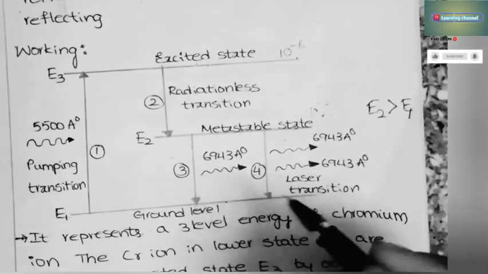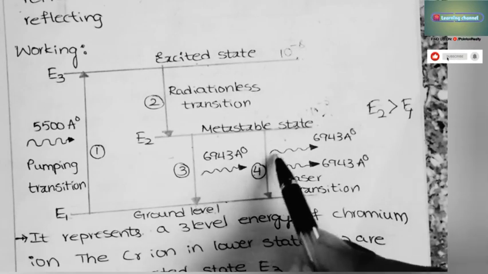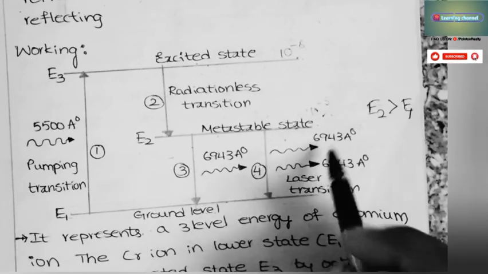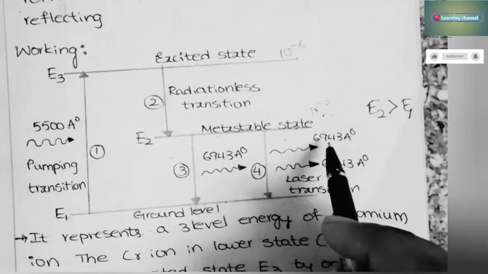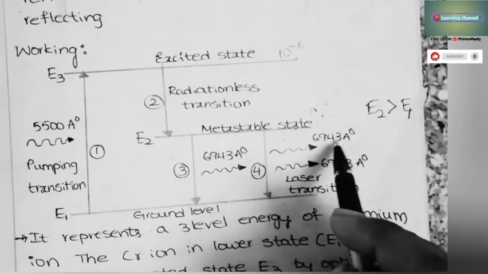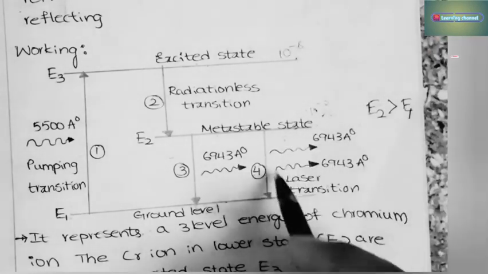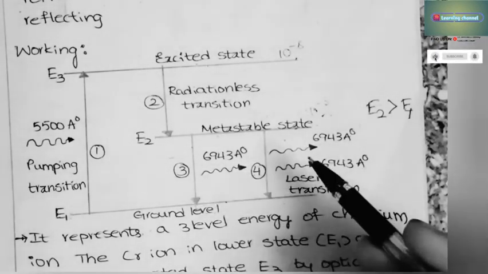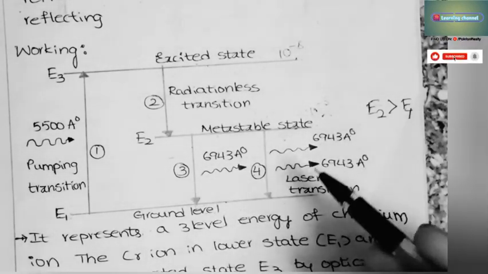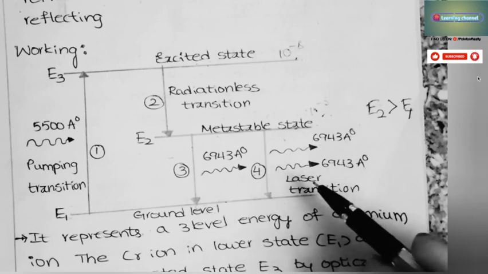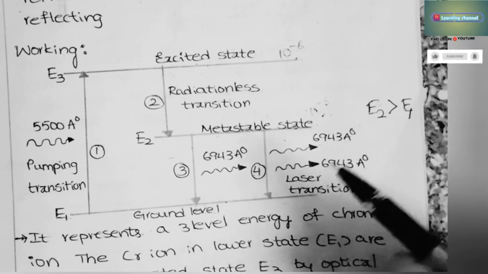Because of that stimulated emission, two photons are produced with the same energy, that is 6943 angstroms. Again these two photons trigger another two chromium atoms and produce 4, and again it multiplies up to 16, like that.